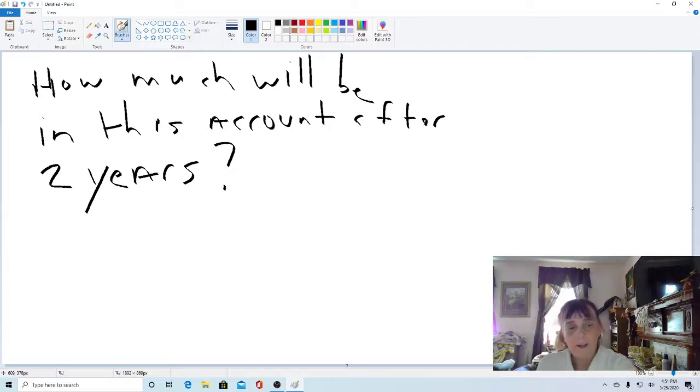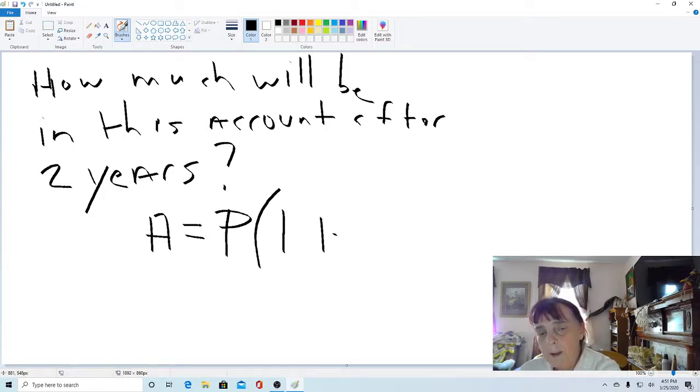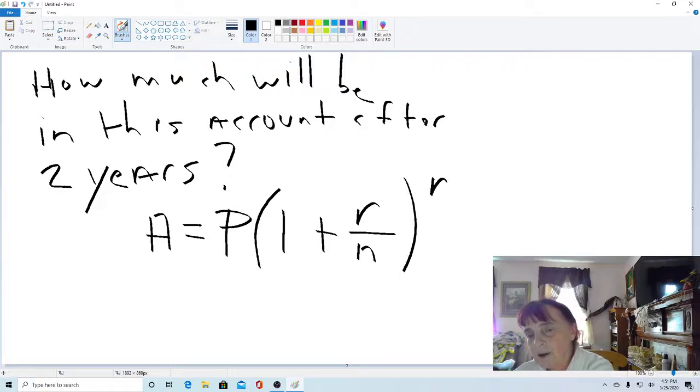All right, now, you have to use this formula. A equals P times 1 plus r over n to the nt power.